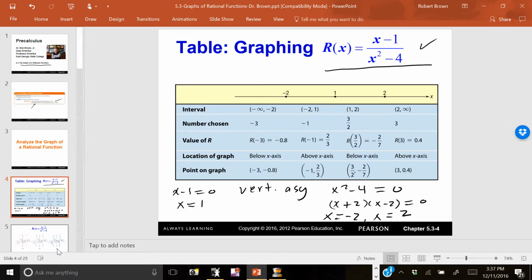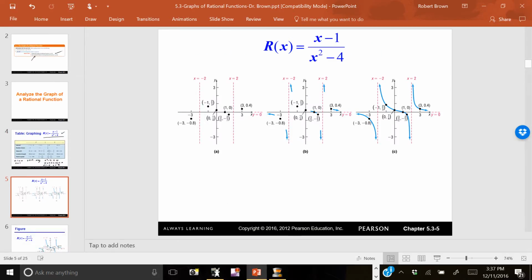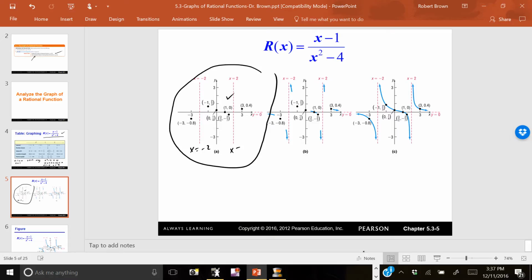Let's go ahead and look at how the textbook would have you do it. They first of all have you put in the zeros. A zero is x equals 1. Then the vertical asymptotes, x equals minus 2, x equals plus 2.